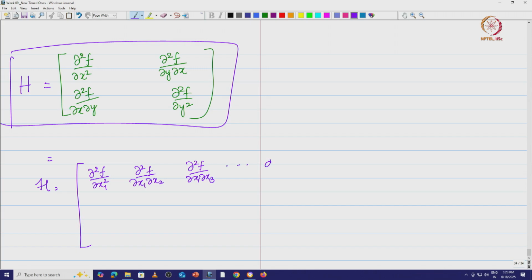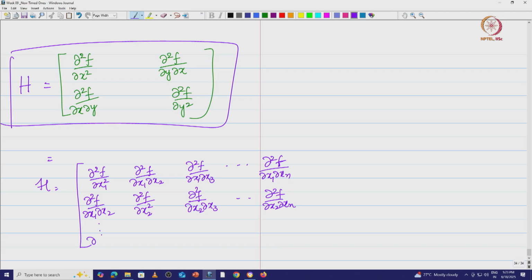And so on. So, I have ∂²f/∂x1∂xn, and the second row I am going to have again ∂²f/∂x1∂x2, ∂²f/∂x2², ∂²f/∂x2∂x3, and so on, ∂²f/∂x2∂xn.